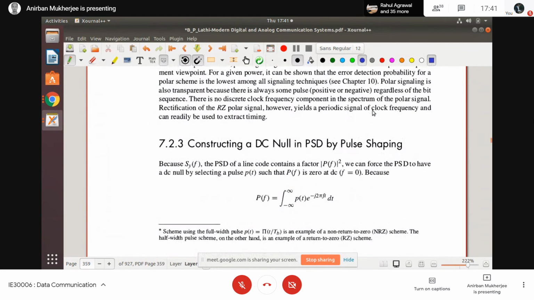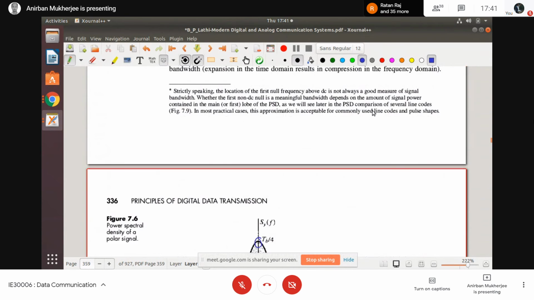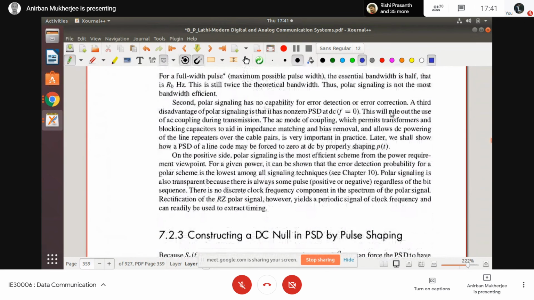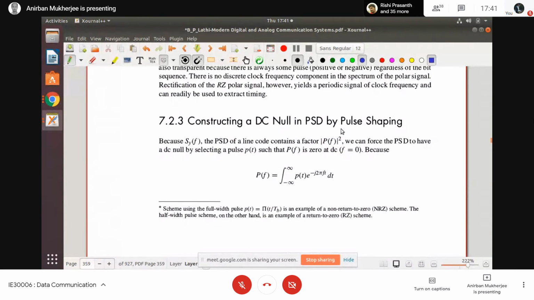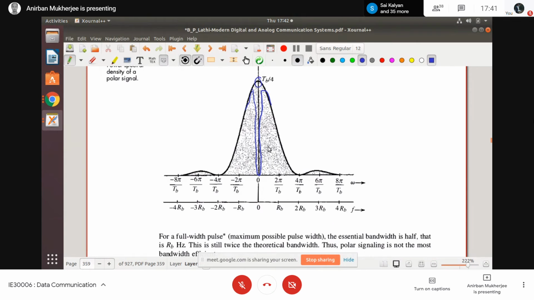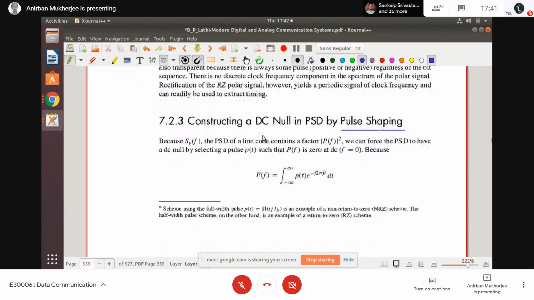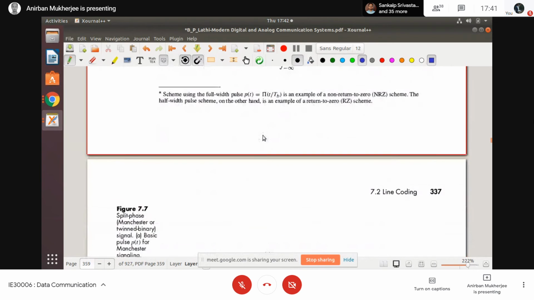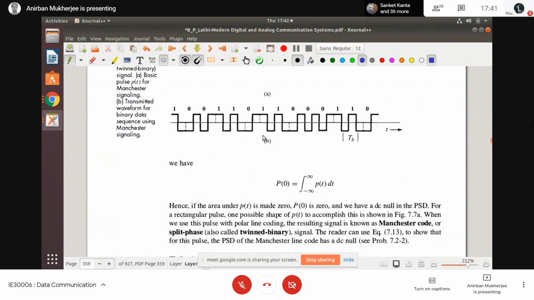Now I want to create a DC null in the PSD by pulse shaping. For the polar signal, the very important point is the pulse shaping. I don't want the pulse like this; I want to shape my pulse like this. This is called pulse shaping.